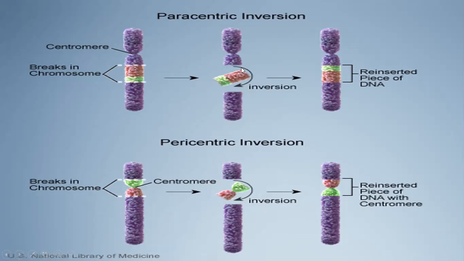This is inversion without centromere. Centromere is not involved. After inversion, you can see that the green genes are on the top and pink at the bottom. This is called paracentric inversion.